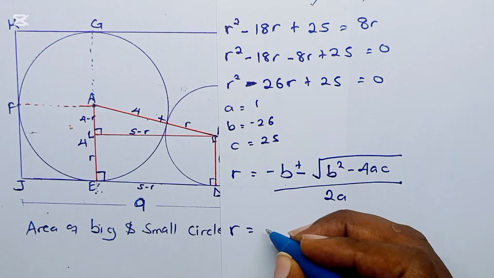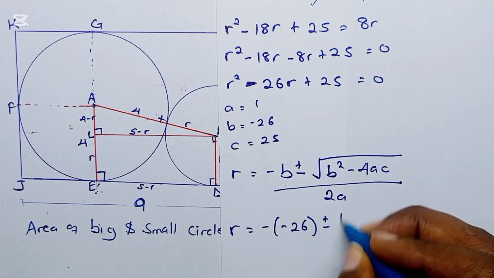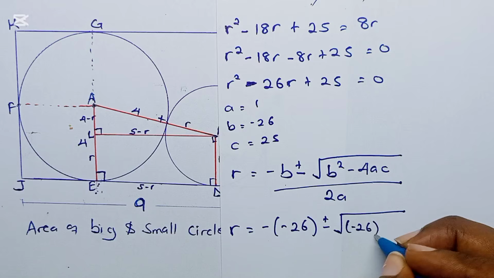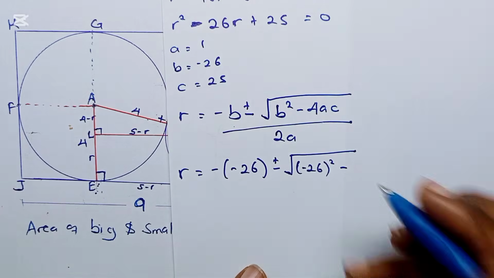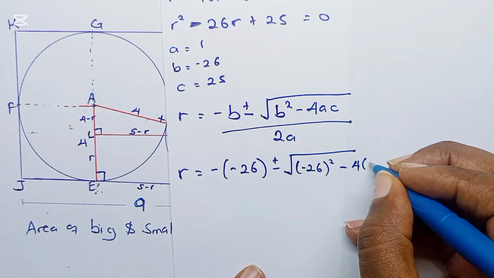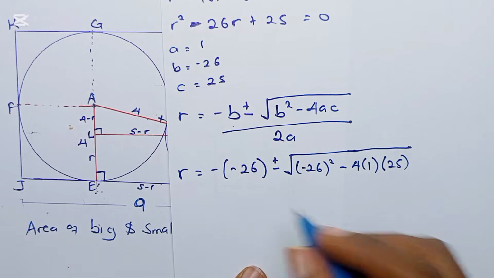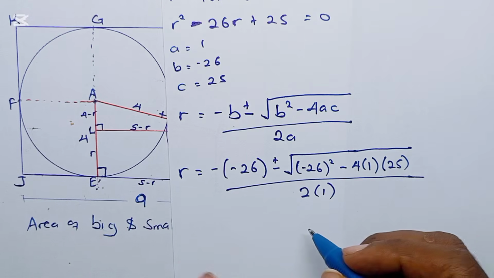So R is equal to minus negative 26 plus or minus, b is minus 26, so squared minus 4 into 1 into 25. This is all over 2 times 1.